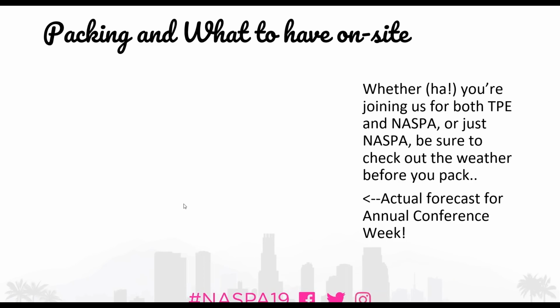If you will be attending TPE, it looks like you have some 70-degree days until Wednesday, March 6th, when it's supposed to rain, as well as Friday, March 8th. But starting Saturday, March 9th, until the end of annual conference, we are looking at some pretty wonderful sunny 60-degree days. Maybe a few clouds here and there, but it's going to be 65 and sunny on the day of our opening session and opening reception. So we are very excited for that.